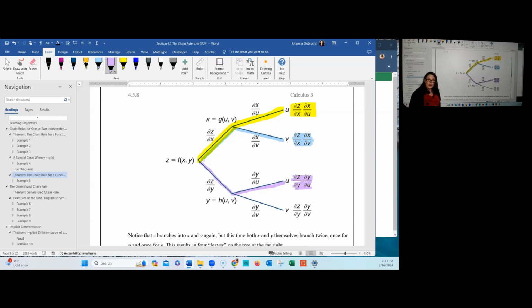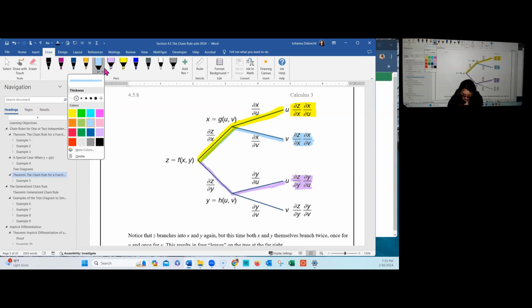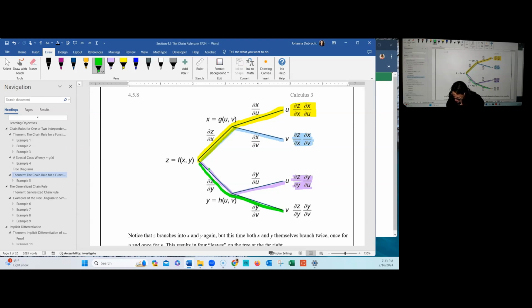Then if we follow the y path and then the v path, we will end up with, let me see if I can select another color. I've already used all of those. Green. Coming this way and branching here, the last one will give me the partial of z with respect to y times the partial of y with respect to v.